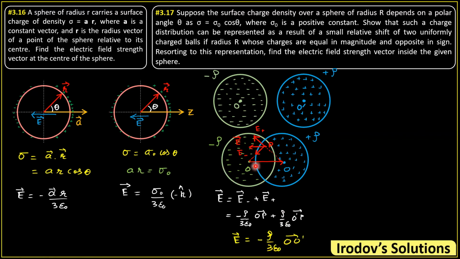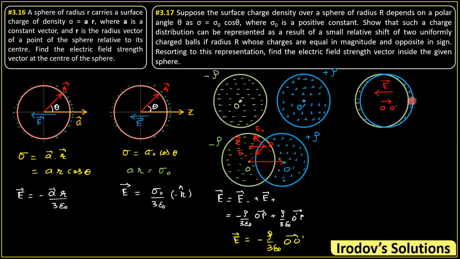So what happens if I shift this minus rho sphere here and this here? I mean, I want to keep on increasing the overlapping region. So that becomes like that. If I keep on increasing the overlapping region, you can see it another way: just overlap them 100%, then slightly shift one with respect to the other. The overlapping region is a very large region, so there is no charge here.